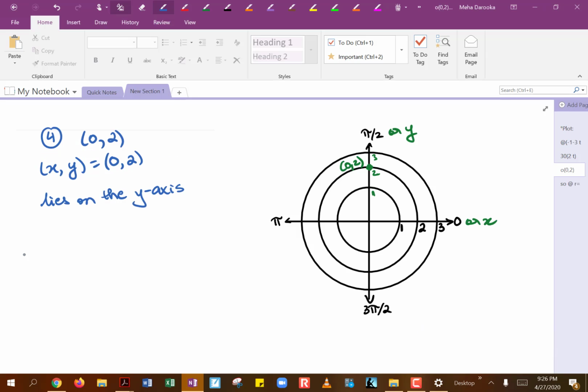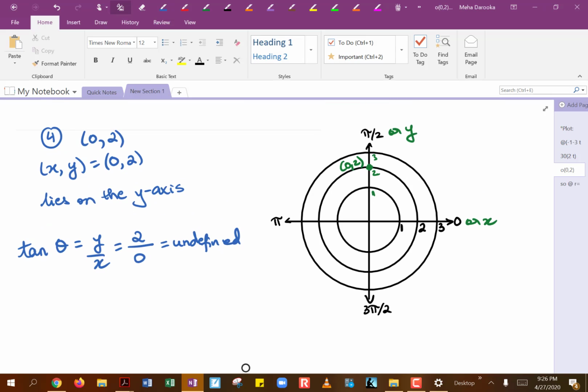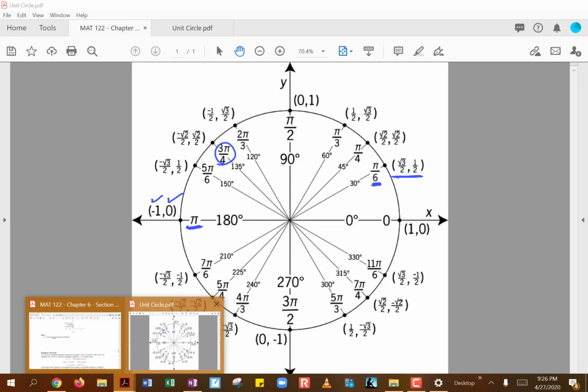Okay, so let's start by finding our theta. So that's going to be tangent of theta equals y over x. Our y value is 2, x is 0. So 2 divided by 0, remember division by 0 is undefined. So you have to think, at which point is tangent theta undefined? So again, you can go and look at your unit circle.